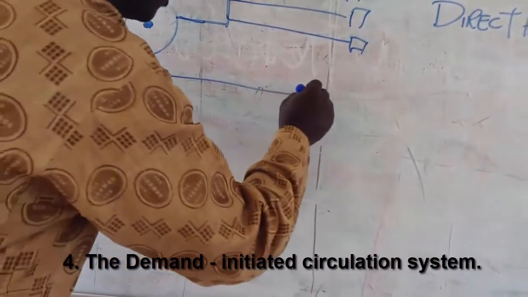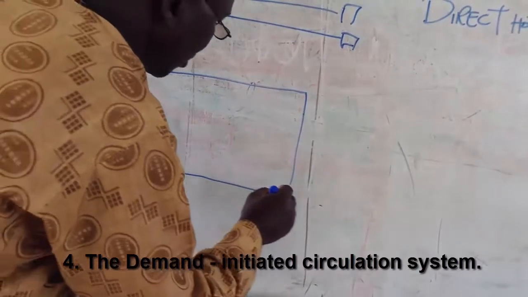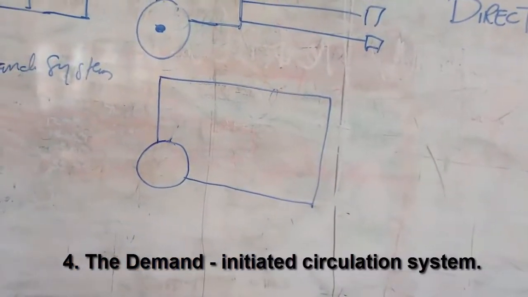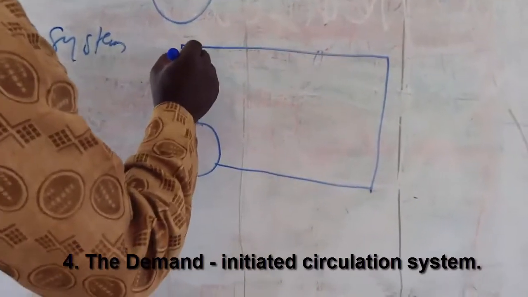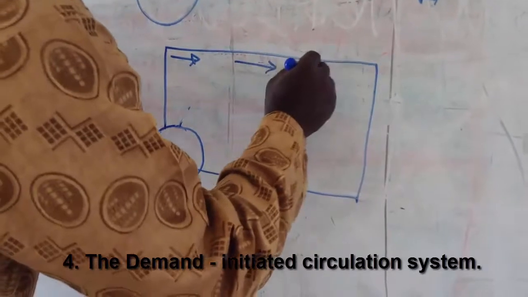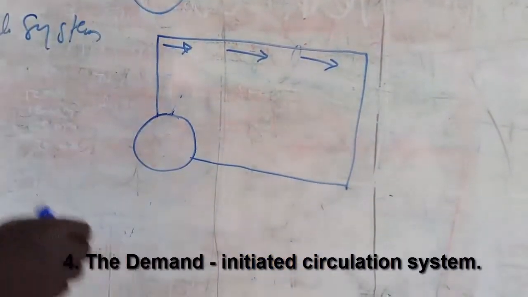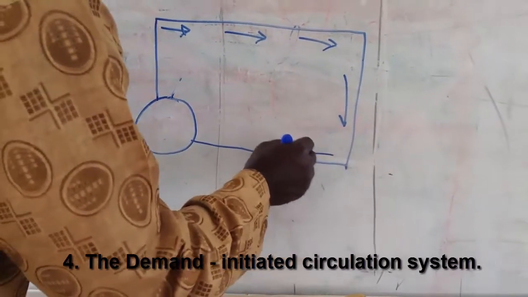You go this way, it goes this way, it goes back to this point here. These directions show where the water goes. It comes down here, and it goes here.